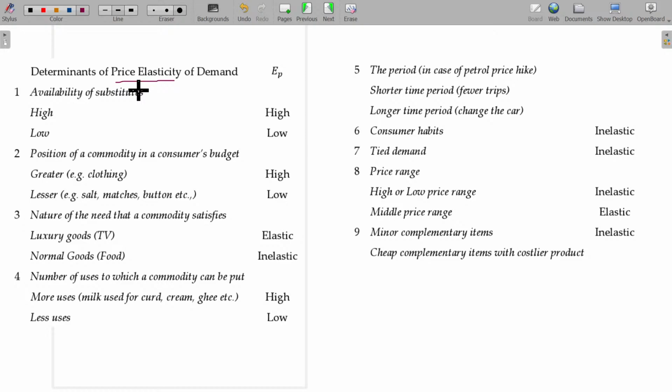Okay, price elasticity could be 0 to infinity. Am I right? 0 to infinity, unitary, less than unitary, more than unitary. Now the question is, which one influences the price elasticity of demand being this one or this one or anywhere between these two?